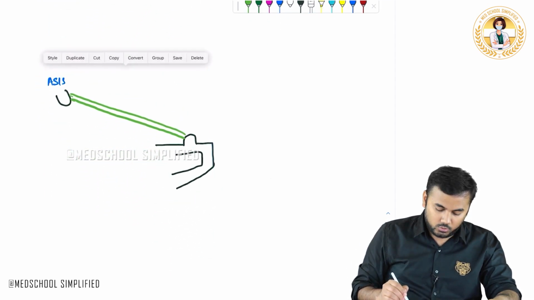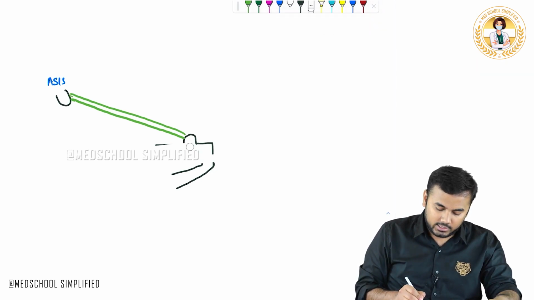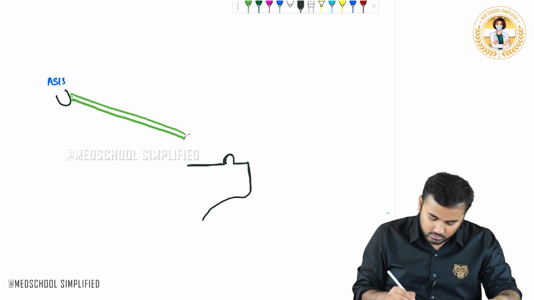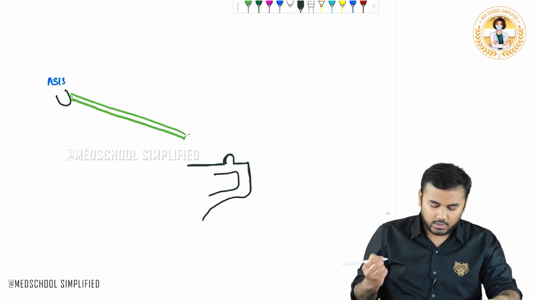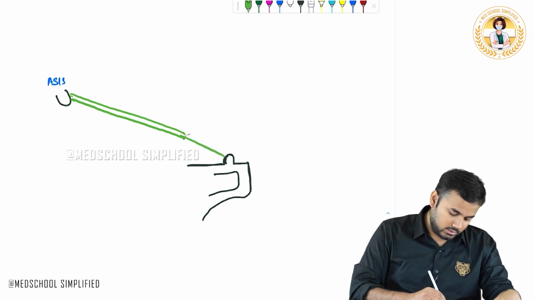Now here you can know a couple of things. So let me put the inguinal ligament here: the pubic tubercle, pectineal line, pubic crest. Let me stretch this out a little bit all the way till here.